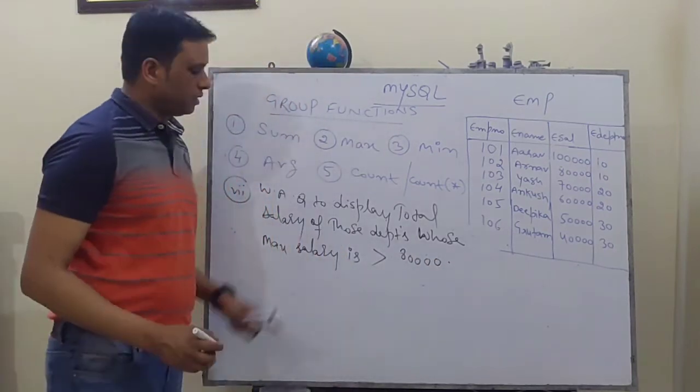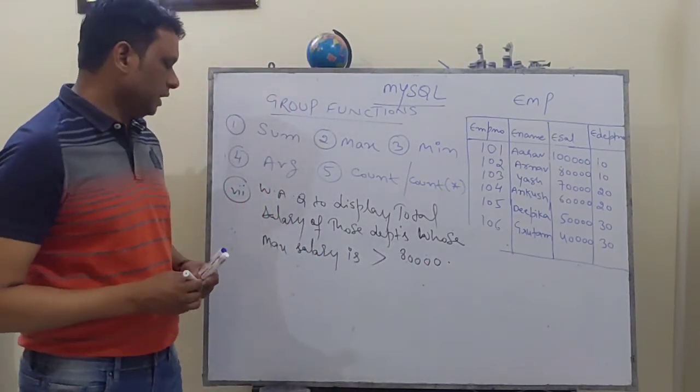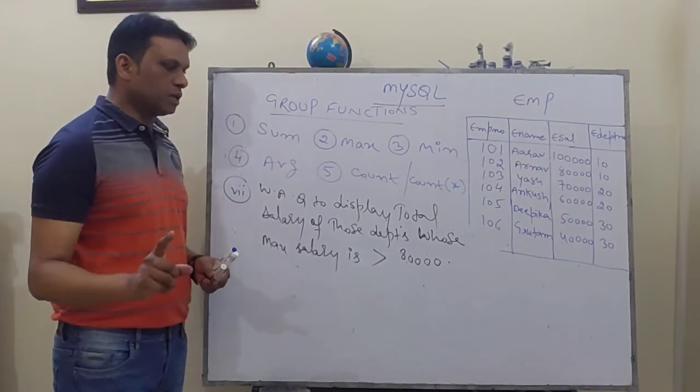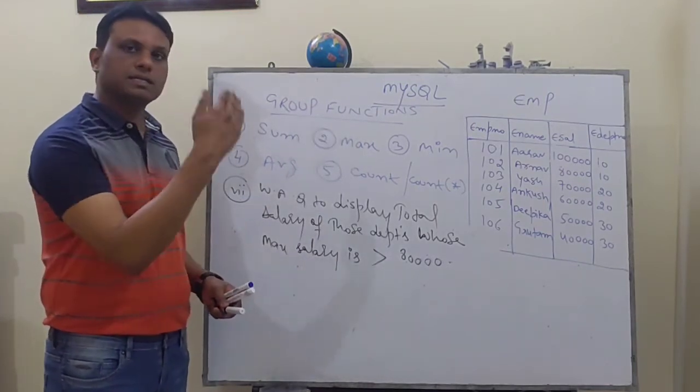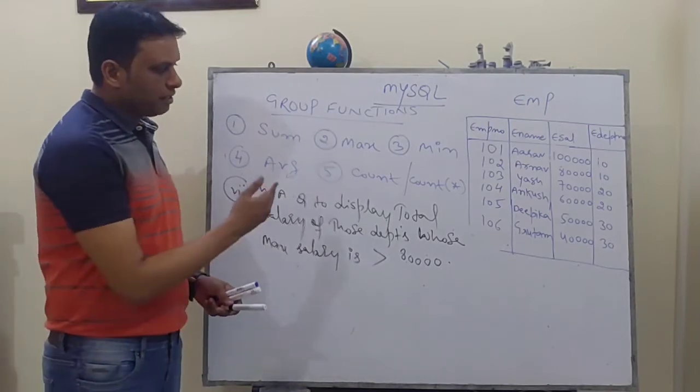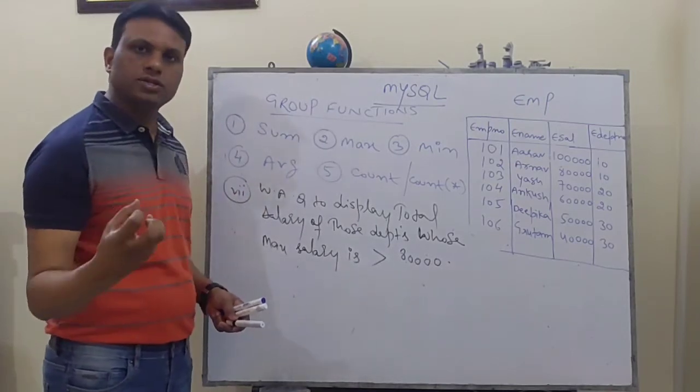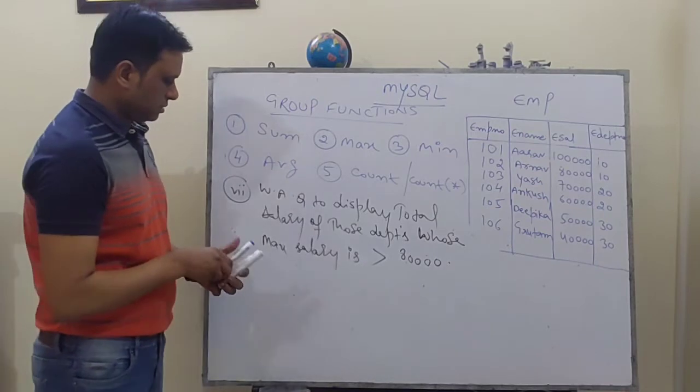So in this query there is a condition. We have to display total salary but only of those departments whose maximum salary is greater than 80,000. So here we have to learn how to apply a condition with the group functions.